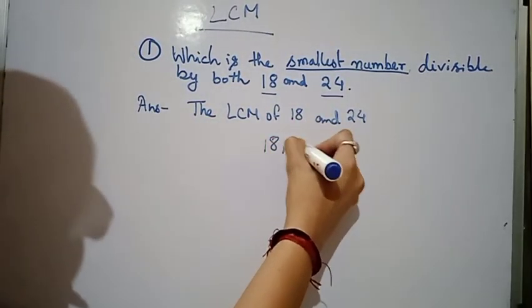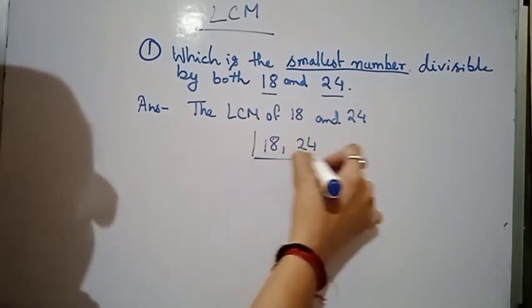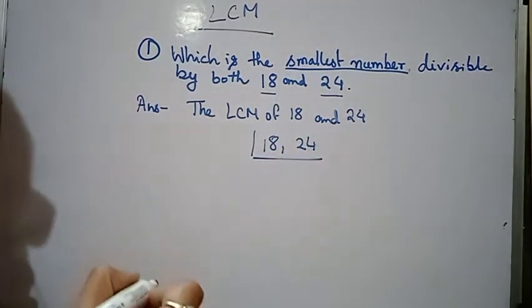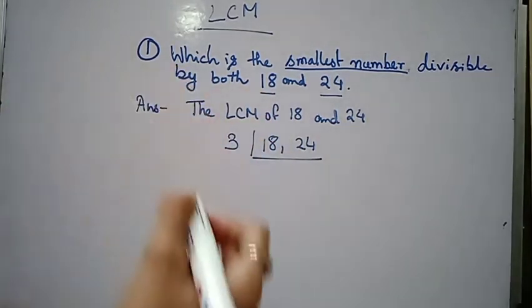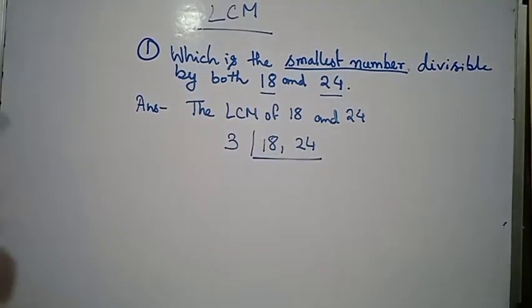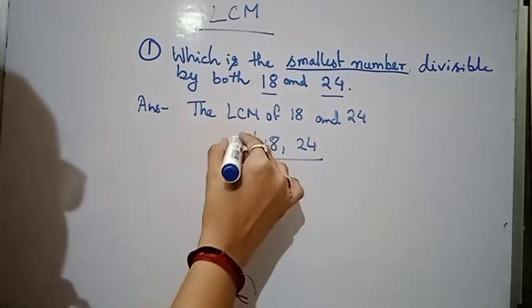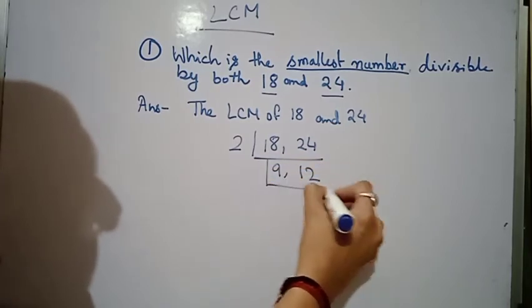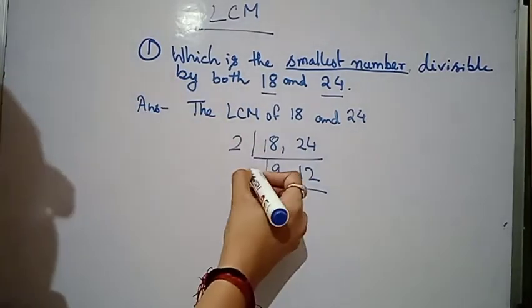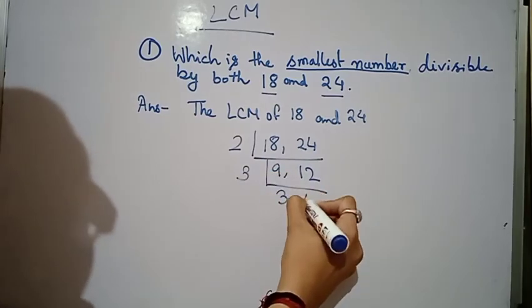So the LCM of 18 and 24, we will use the shortcut method here. We write 18 and 24 and divide them at a time. As I can see, 3 can divide 18 and 24 together, so first we will use 3. We can use 2 also, so let us take 2. Okay, 9 and 12. Now 9 and 12 can be divisible by 3. 3 and 4.